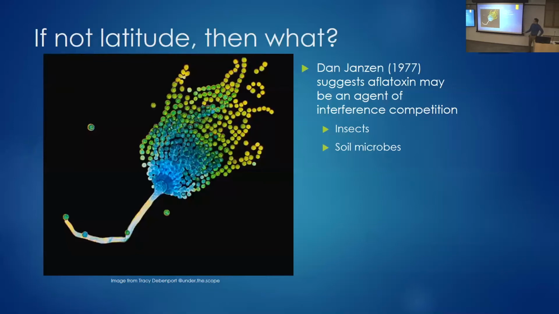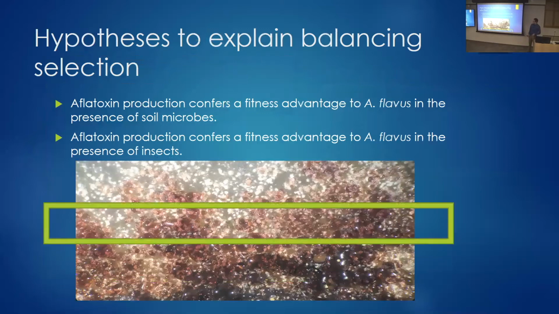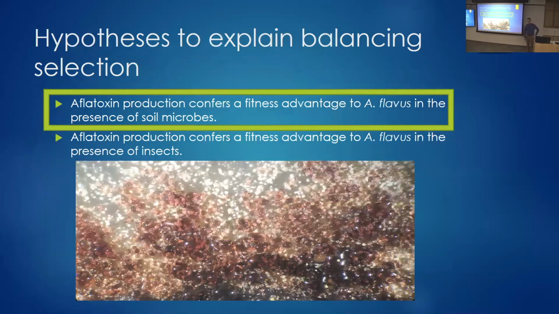Okay, so Dan Jansen suggested an idea. Let's follow this up with a real hypothesis. So we started off with the hypothesis that aflatoxin production confers an advantage to A. flavus in the presence of soil microbes. Again, this would be through interference competition, where production in soil carves out some resources for Aspergillus flavus to grow and have higher fitness.